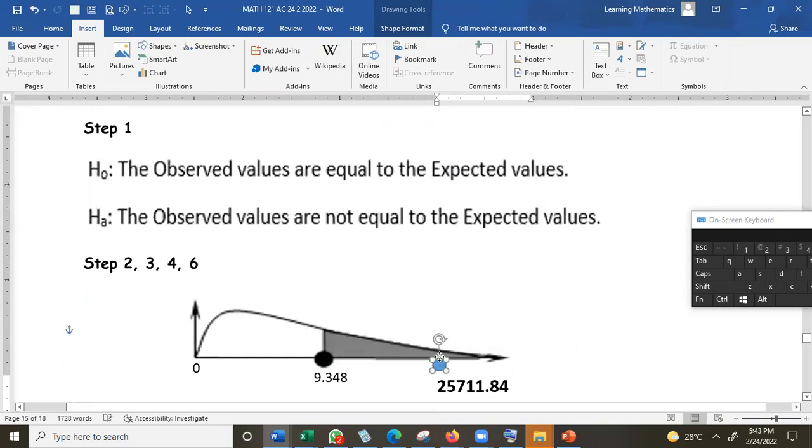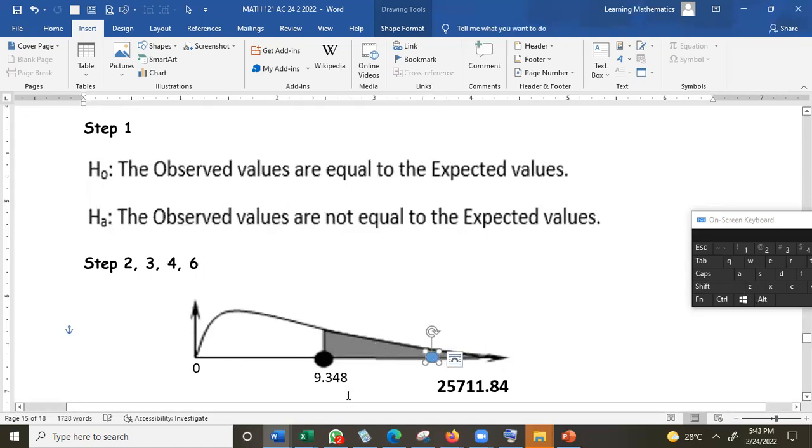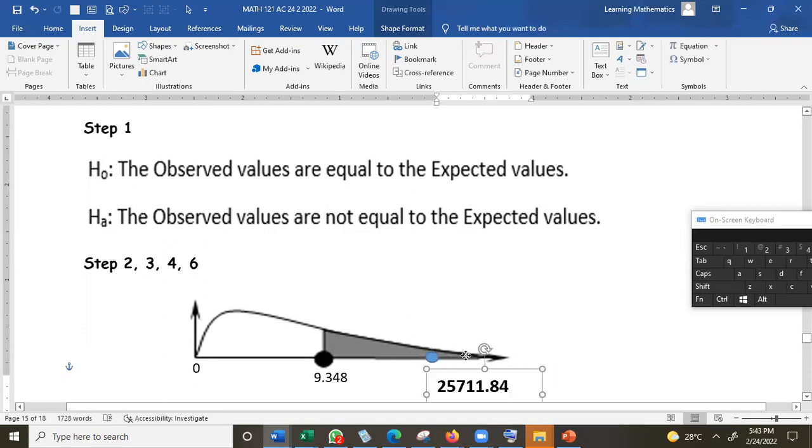Either the test statistic is in the unshaded region or the shaded, critical region. That's all you need. And the test statistic, as we can clearly see, is in the critical region.